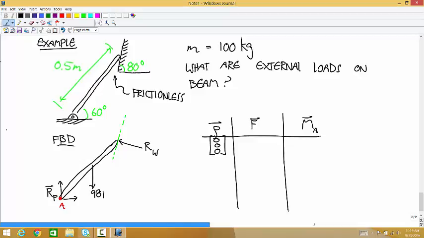Any force acting at the about point has 0 for the rho vector. The force vector is this unknown vector, so I'll call that RPX, RPY, and then 0Z because it's a planar problem. And if you take the cross product of 0 with this, you get 0 for the moment.